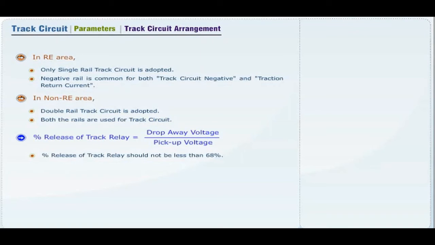Percentage release of track relay is equal to drop away voltage divided by pickup voltage. Percentage release of track relay should not be less than 68%.